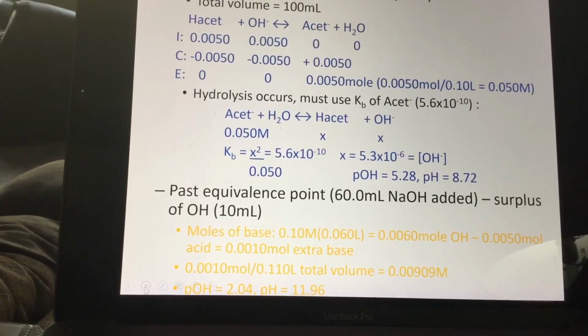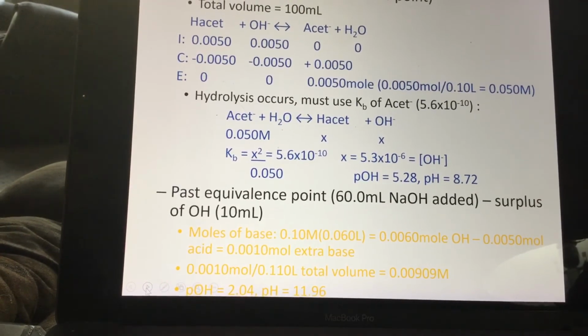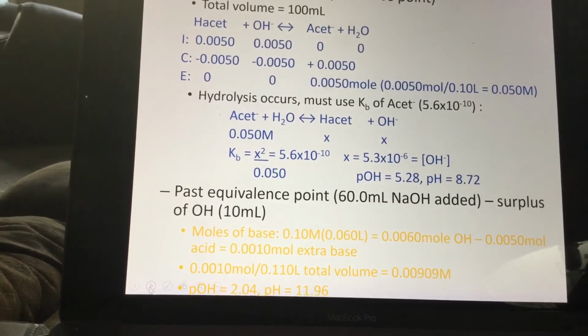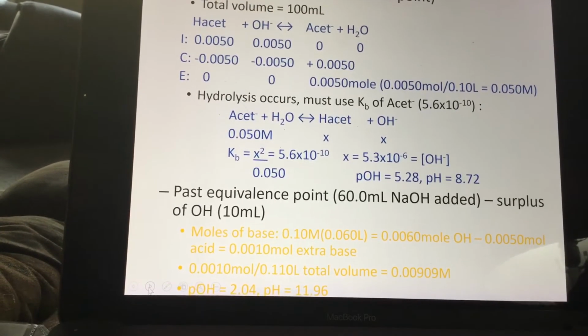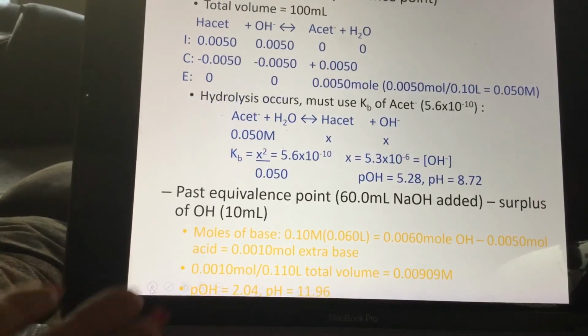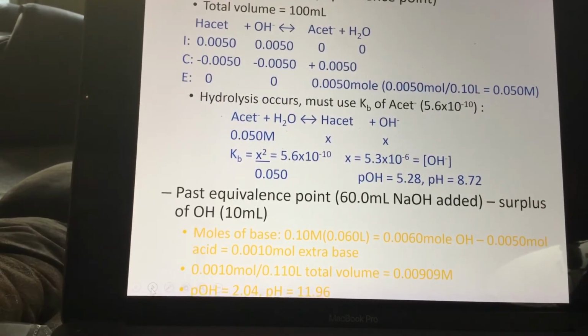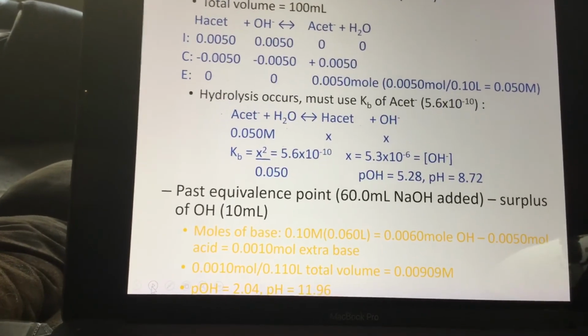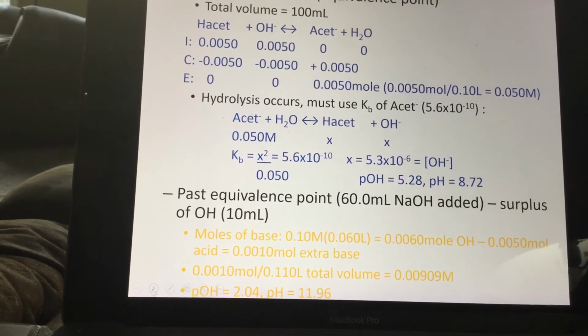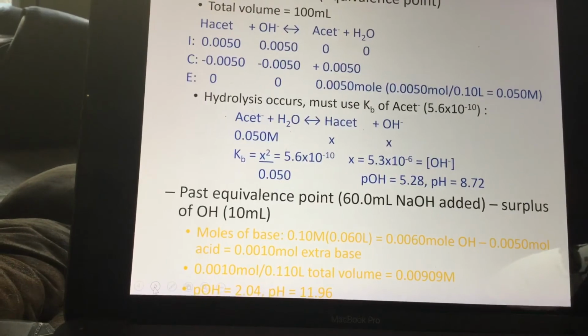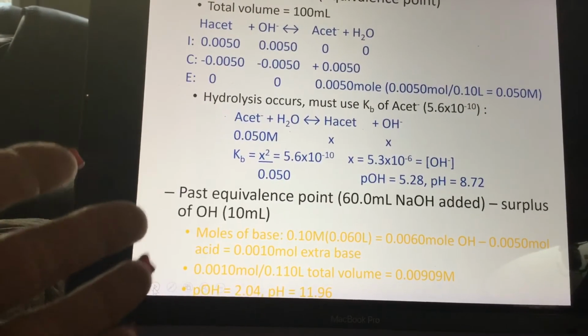Now the same is true if we did it in the reverse. If we were titrating a weak base with a strong acid, everything would be the same. It would just be flip-flopped. So we'd be starting out with all weak base, and then leading up to the equivalence point, we would be reacting all of the acid with the weak base.